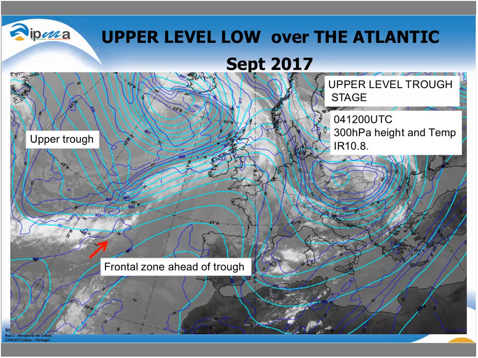You can see the upper trough in this area behind the frontal zone that is ahead of the trough. And this trough has a backward oriented inclination with height. You can see it over here.